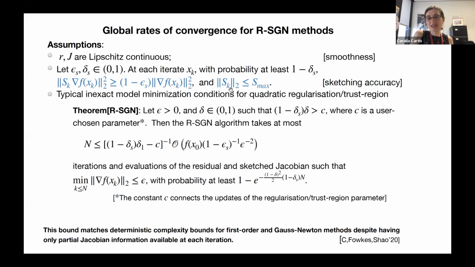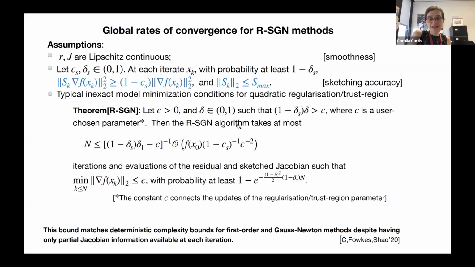Okay, and we need a bounded sketching matrix, both these properties with a certain probability. And this epsilon_S here is like a half. Okay, you don't need it to be close to 1 or anything. Then we can have a high probability result.